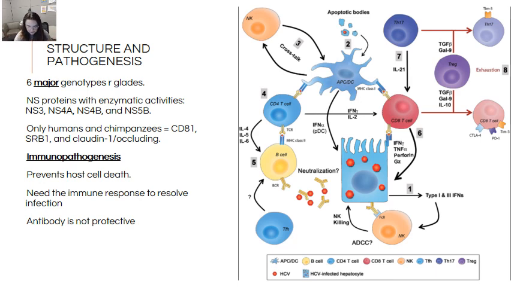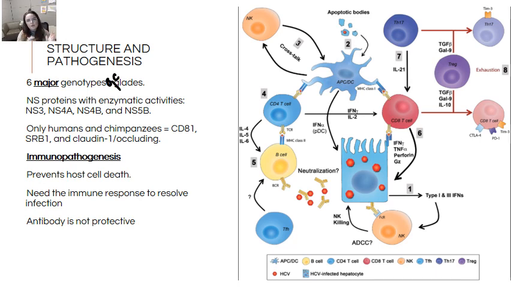There are 6 major genotypes, sometimes referred to as clades. And within each genotype, there's a lot of genetic diversity, which means there's a lot of antigenic diversity, which further hampers the immune response and its ability to identify antigens and fight them. It has a positive sense RNA genome, and it is enveloped, and there are numerous proteins involved.